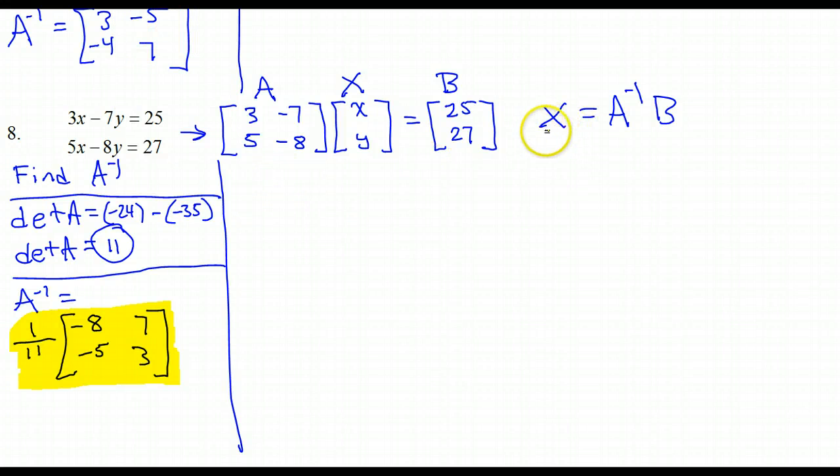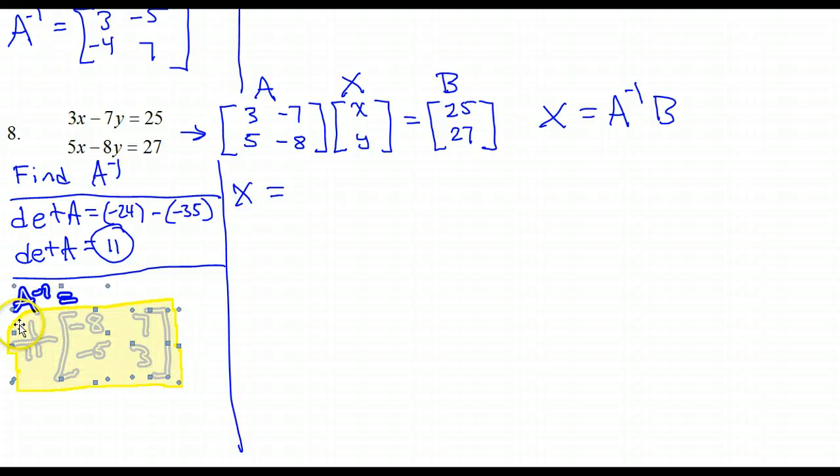So we just said if I want to find X, I need to do A inverse times B. Well, this is A inverse. In fact, maybe I can copy it.